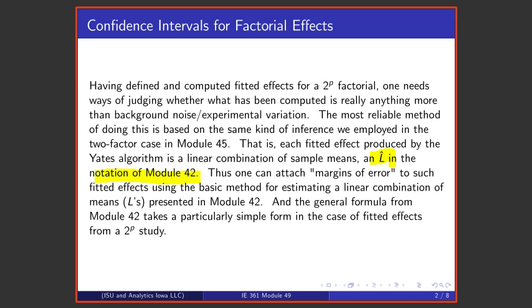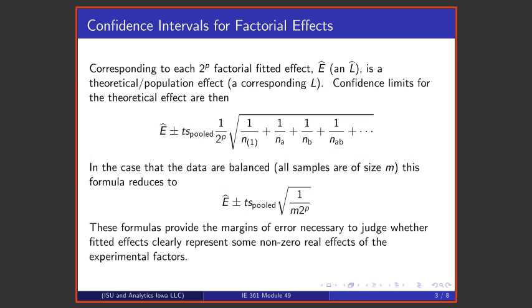And we can use the basic method of estimating a linear combination of the long run means, rather than the sample means, presented in Module 42 to derive margins of error to attach to L hats that are in this case fitted effects for a 2 to the p factorial study. The basic formula turns out to be really clean.